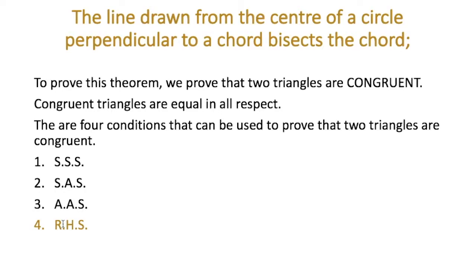Or you have a right angle that is equal in the 2 triangles, the hypotenuse that is equal, and a side that is equal. This is the particular congruency theorem that we're going to use. Also, you need to remember that when 2 triangles are congruent, it means those 2 triangles are exactly the same. They're equal in all respects.